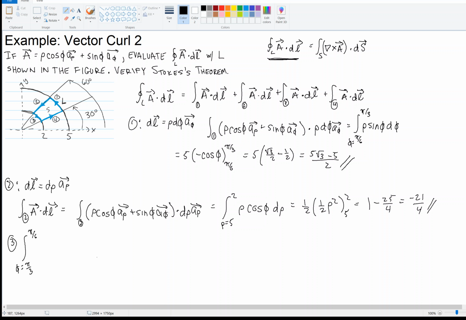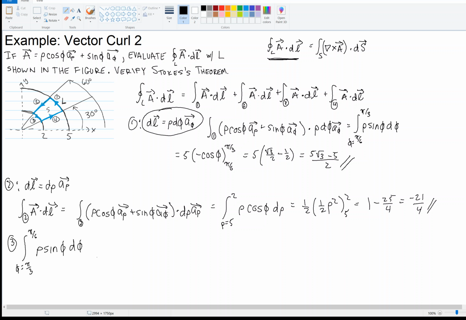And then A is up here, and here's dl when the angle changes. When I dot that with A, again we did it over here actually, I get rho sine phi d phi.